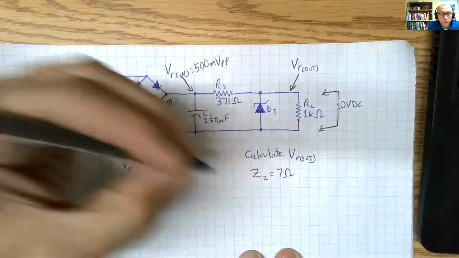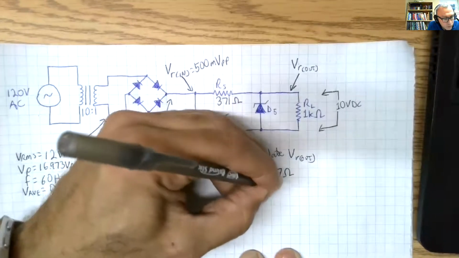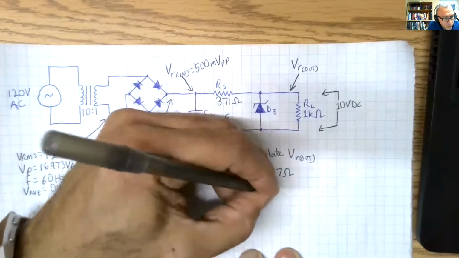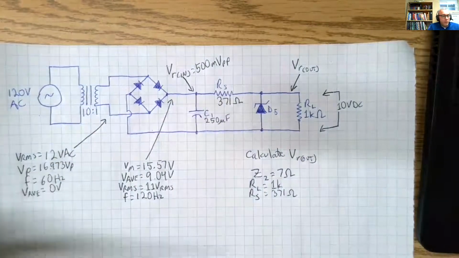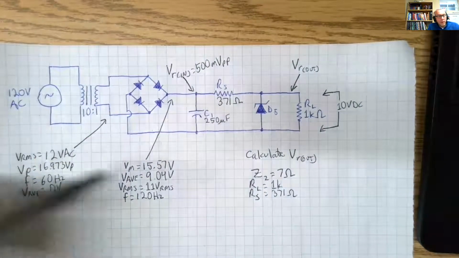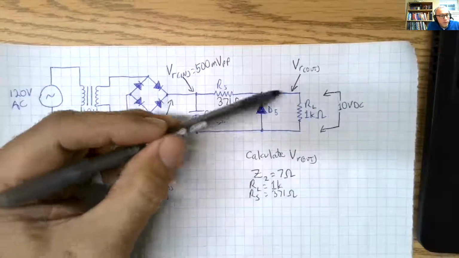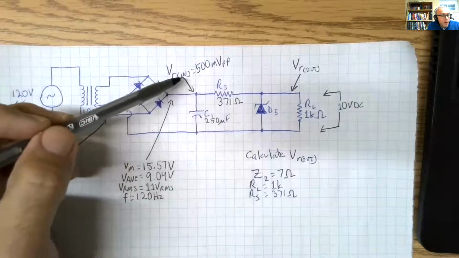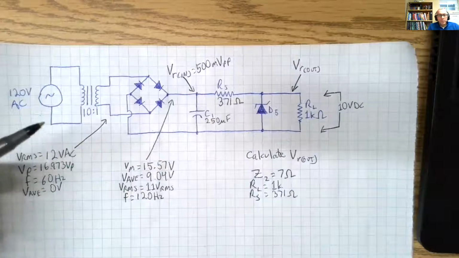We know that the load is 1K, and our RS is equal to 371 ohms. So what we need to do is use our voltage divider. We'll find these two in parallel, and it will be these two over the sum of RS plus these two, times the input ripple, and that will give us the output ripple.